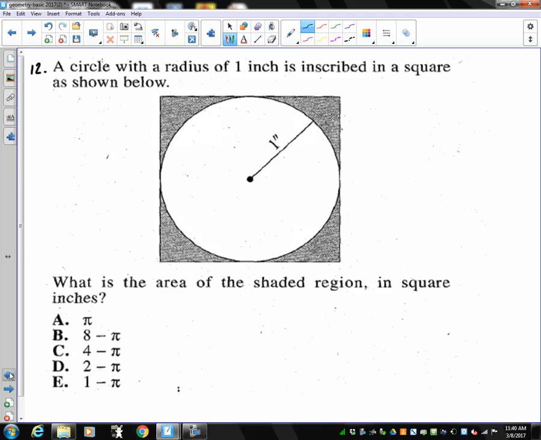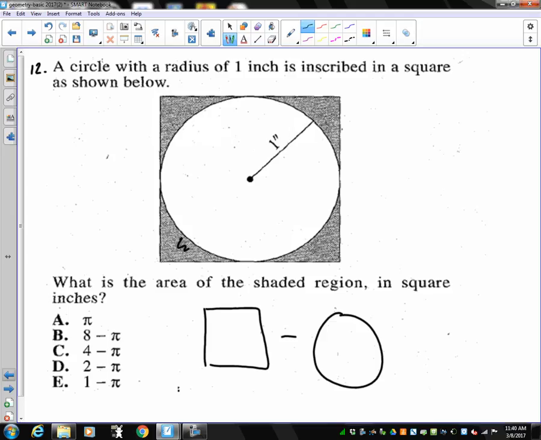So these shaded region problems, all they are is basically just using some subtraction here. What I'm really going to do to find these shaded regions is just take the square and subtract the circle to find the shaded area. So what I need to do, though, is find those areas. On my square, notice that they didn't give me any dimensions, so I have to figure this out.